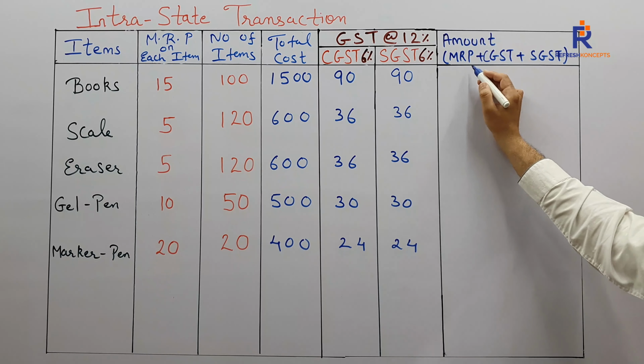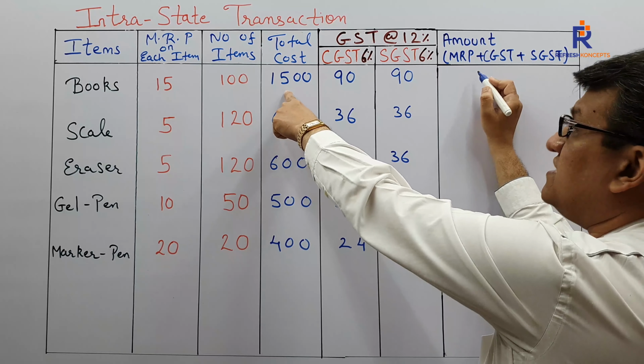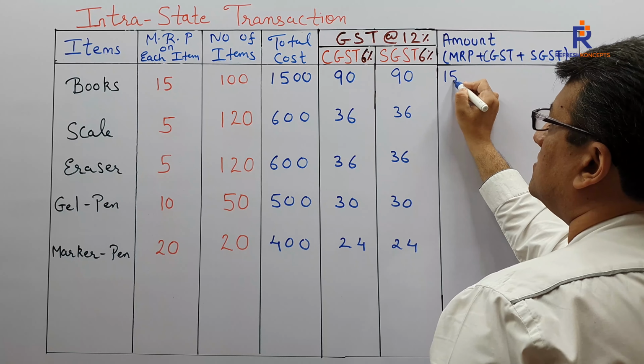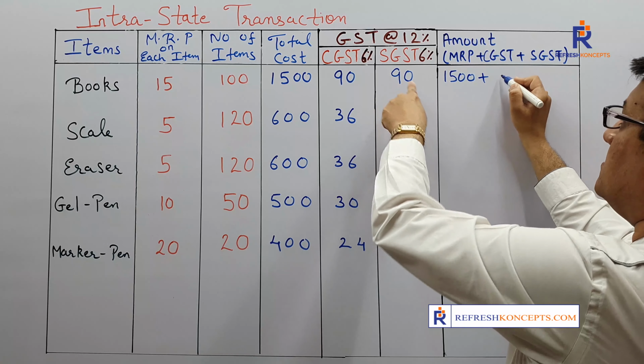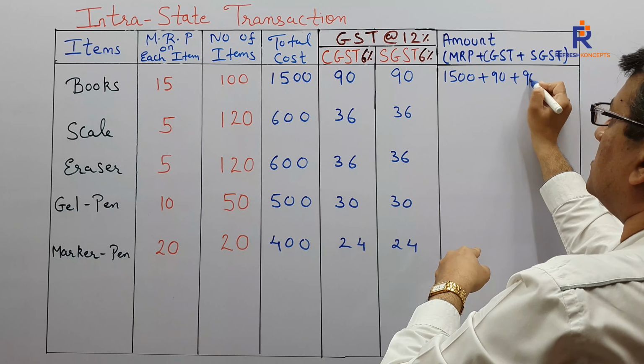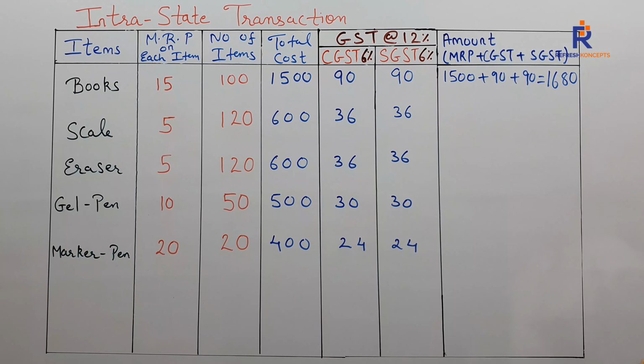So what is the amount? The total cost of the books is 1500, plus CGST 90, plus SGST 90. If you work it out, 1680, children.